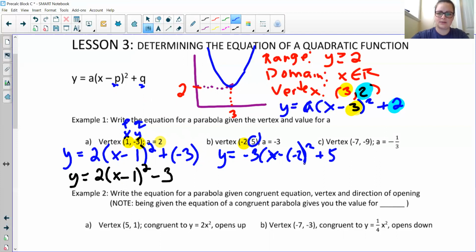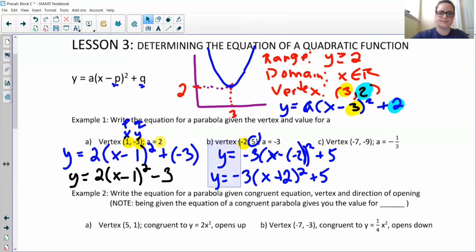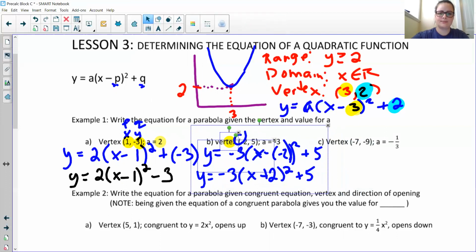Of course, there's supposed to be a double bracket there. Now we can simplify. y equals -3 times x minus -2, which is x plus 2, squared, plus 5. Again, pause the video if you haven't already done so and try C.